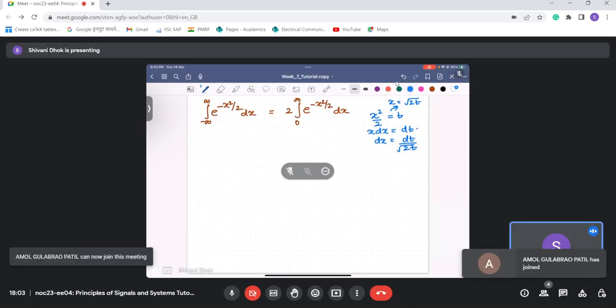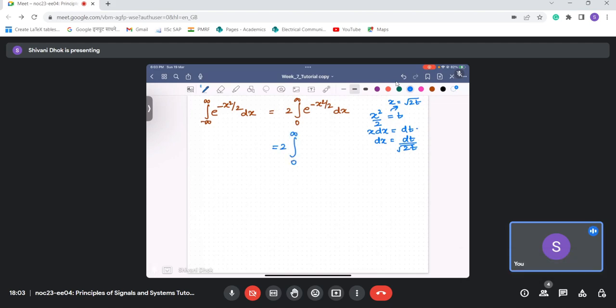So this integral changes to 2 times the integral 0 to infinity e power minus t into 1 upon root 2t dt. So this is root 2 times the integral 0 to infinity e power minus t, t power 1 by 2 minus 1 dt.